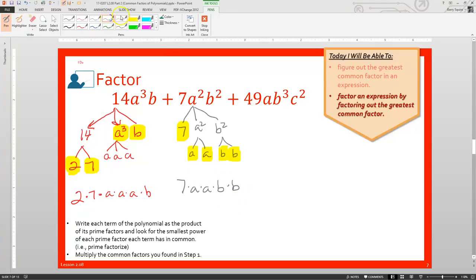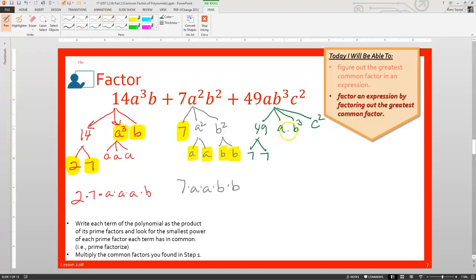And then with this last one, we can write this out as 49 times A times B cubed times C squared. And we know 49 can be broken down to 7 times 7.